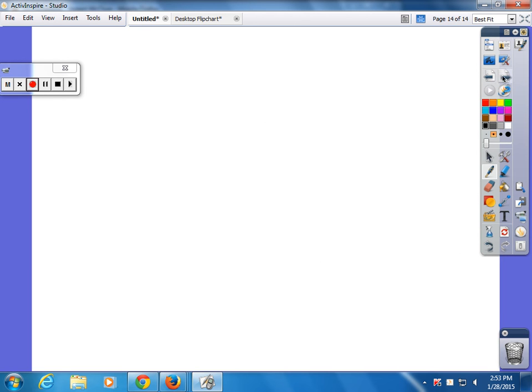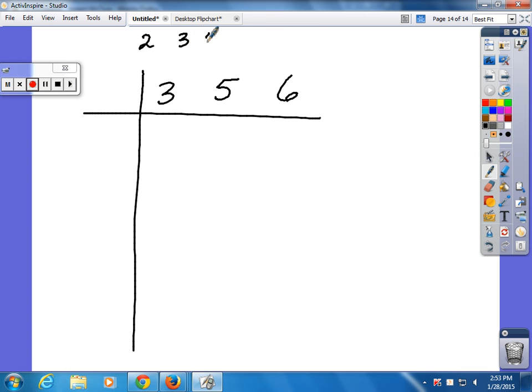3, 5, and 6. 2, 3, 5, 7, 11, and sometimes 13. Why do I always pick those? Two reasons. They're prime, and they're easy to remember. If those 5 or 6 numbers don't go into these, chances are nothing's going to go into it.